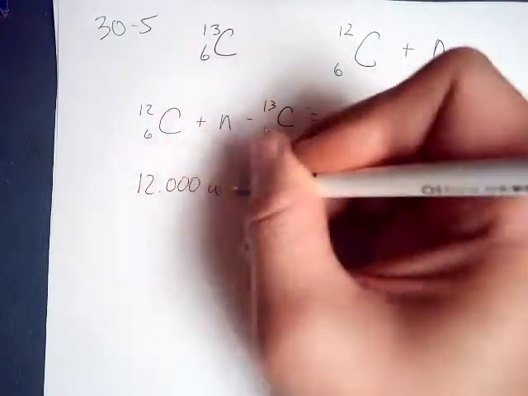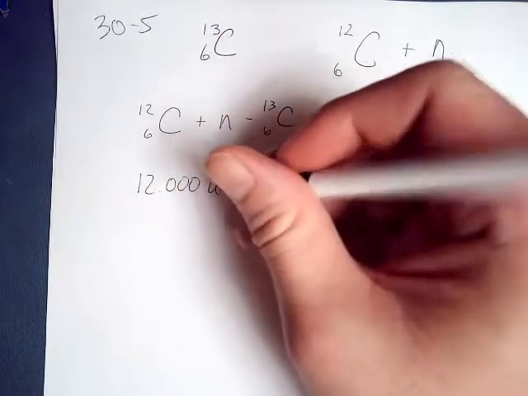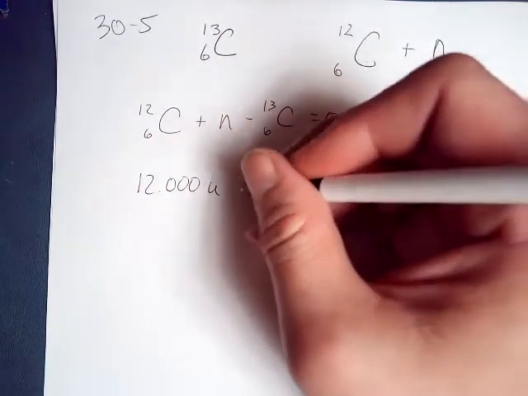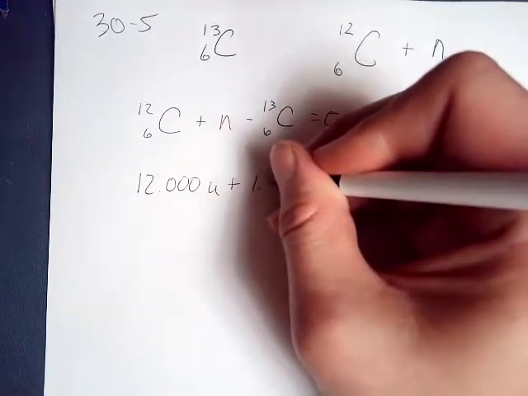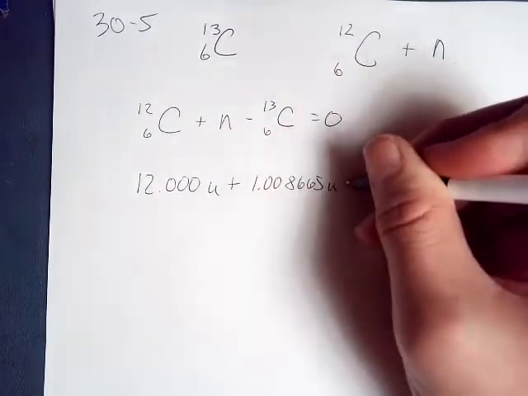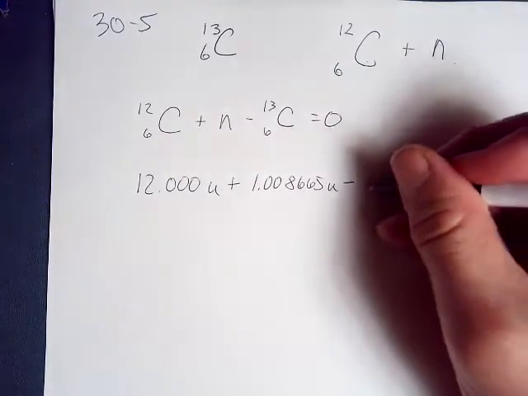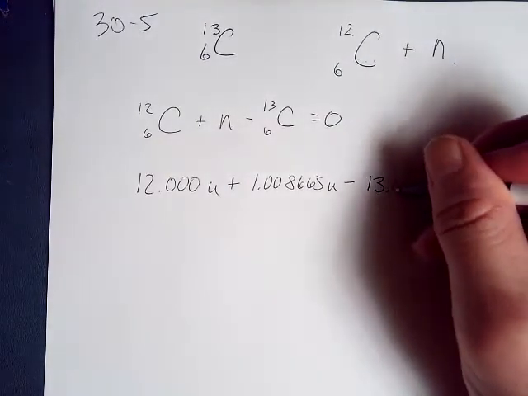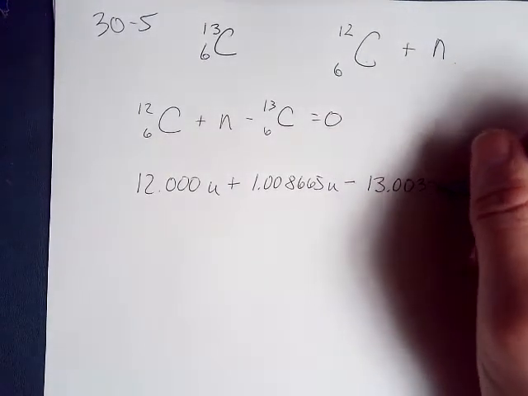That's zeros all the way for that carbon. That's actually how the mass unit is defined. And then plus, we'll do a neutron again. And then minus, again looking in the back, carbon 13.